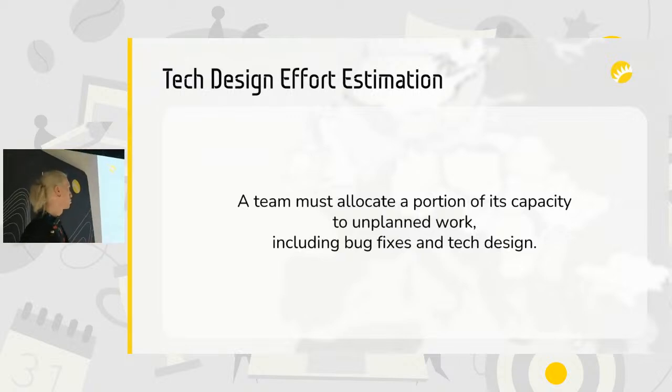I would suggest not to put this into the estimation for technical design. It's more like bug fixes, and you need to allocate a specific amount of time in your team to work on technical design. If you work on that more, maybe you have a really big legacy, or you have an unknown stack, or other parts where you need to investigate why it happened, and it will affect everything in your project.